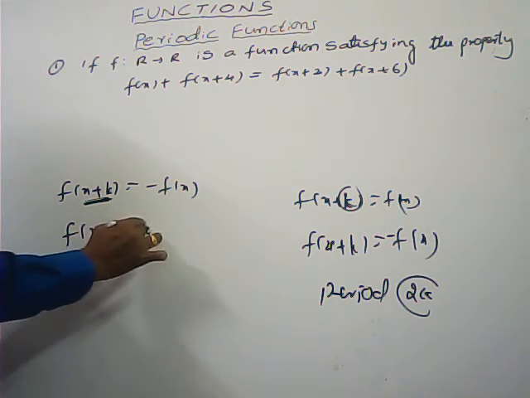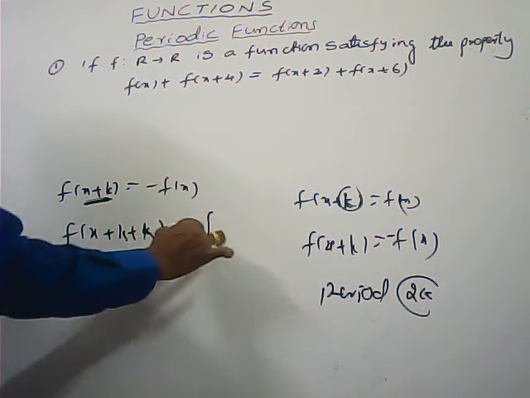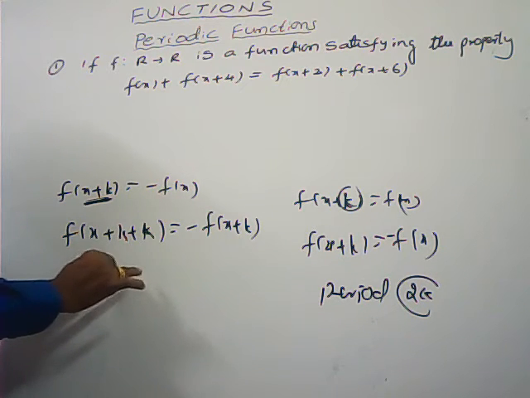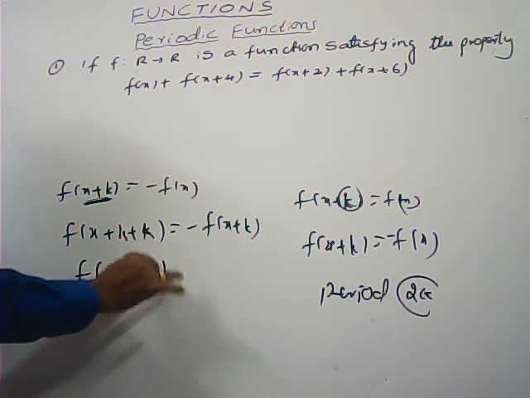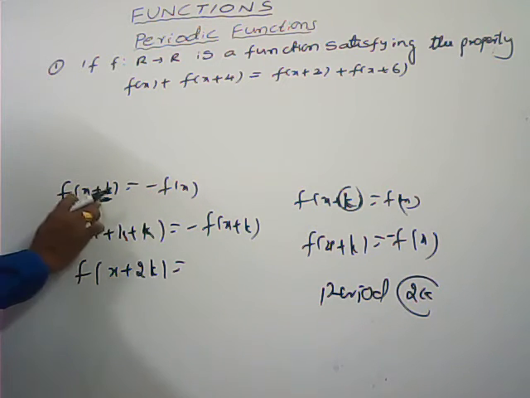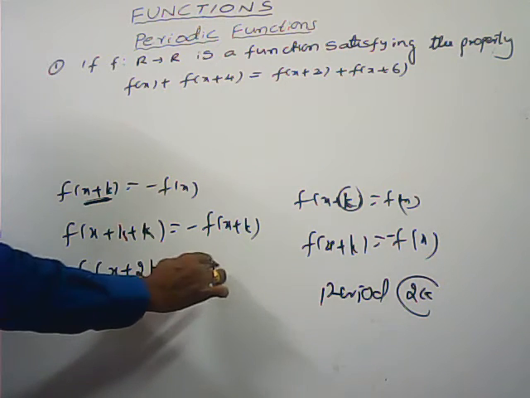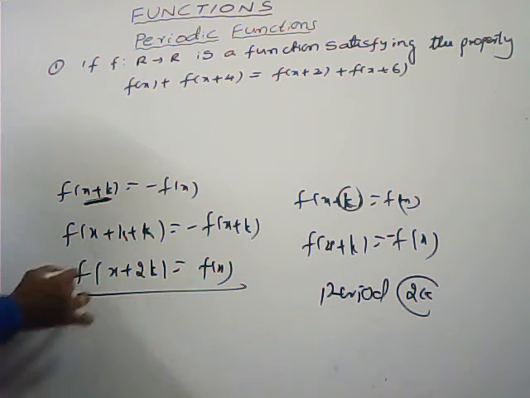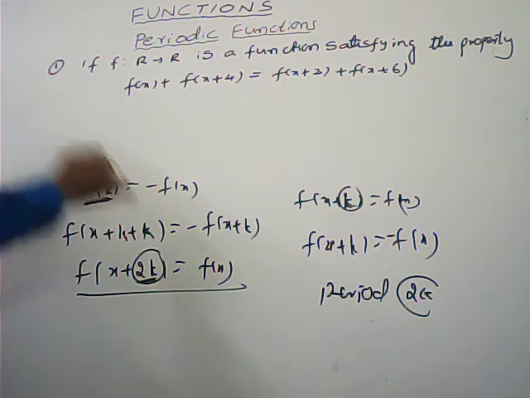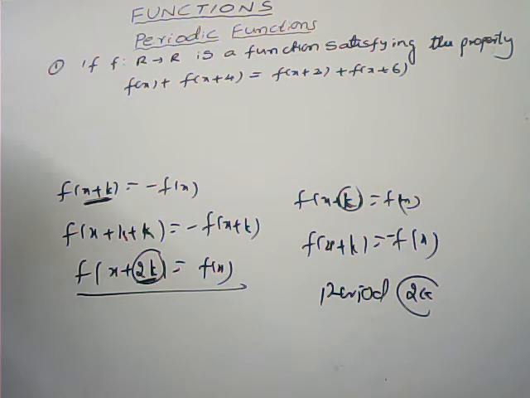Already one more k is there, so f of x plus 2k is equal to minus f of x plus k. Multiplying with minus, minus of f of x plus k is equal to f of x only. So here we got f of x plus 2k is equal to f of x. So 2k is the period of the function.